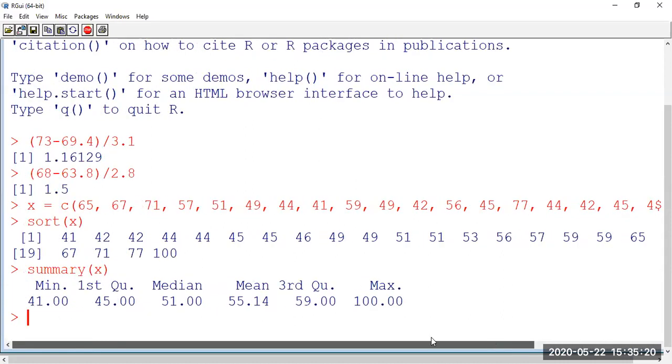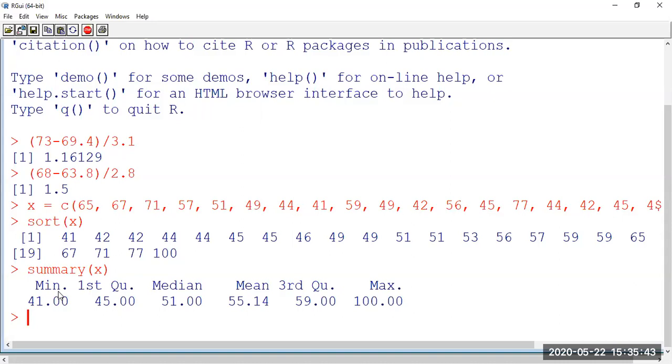If you want to find the first and the third quartile by hand, then you need to sort the data values. I sort them here by using sort of x, so I have the values in increasing order. But you can do this after. I'm just going to use summary of x to get the five numbers and the extra one.